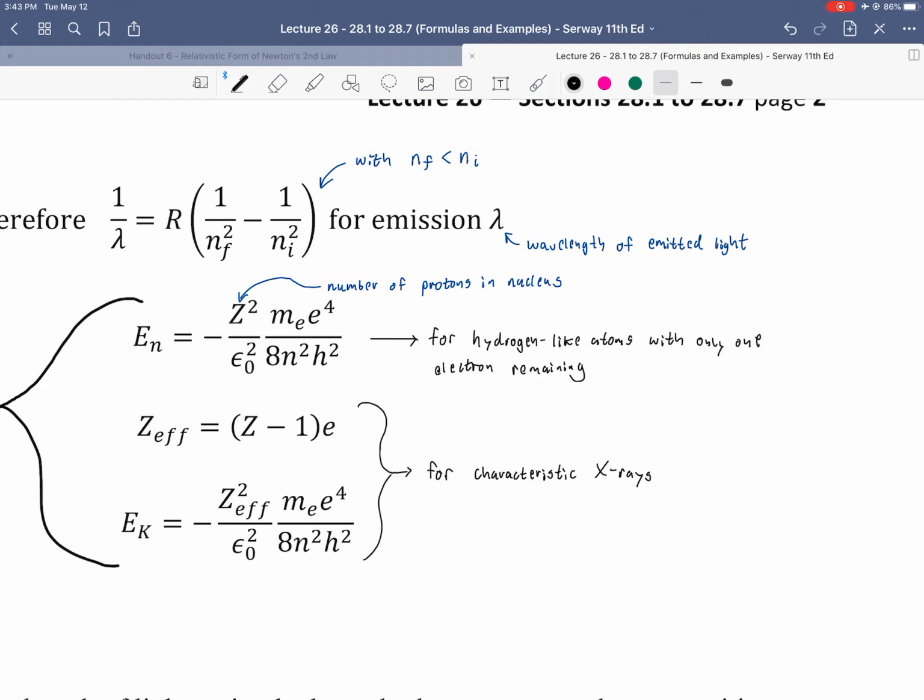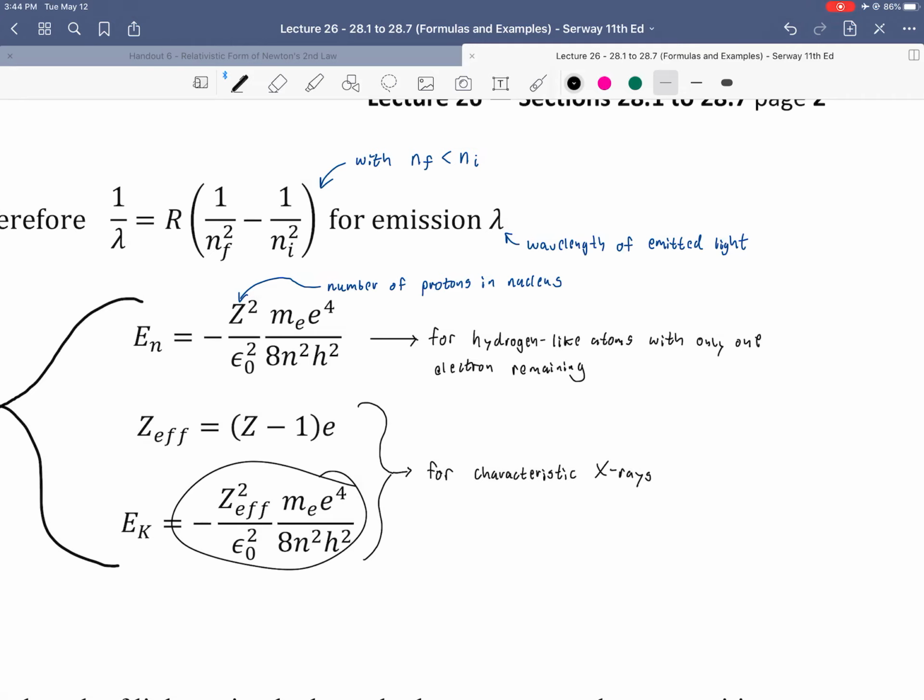If you want to call it a shell, and if that electron is freed, then that spot is going to get filled back up, and in doing so there's going to be a release of energy, and that release of energy is going to create a photon. That photon is the X-ray, that characteristic X-ray. And it's an X-ray because it's a very high energy photon, which means it's a very short wavelength, and it's a very high energy photon because we're talking about large atoms.